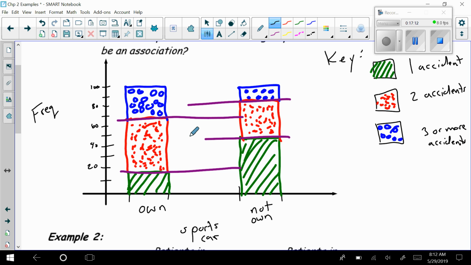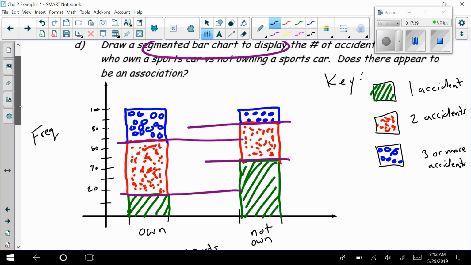And I think common logic would tell you, no, those are not close to each other. If they're not close, basically what that tells us is that it does matter if you own a sports car and how many wrecks you get into. Those two variables differ. If you own a sports car, your accident rate is different than if you do not own a sports car.